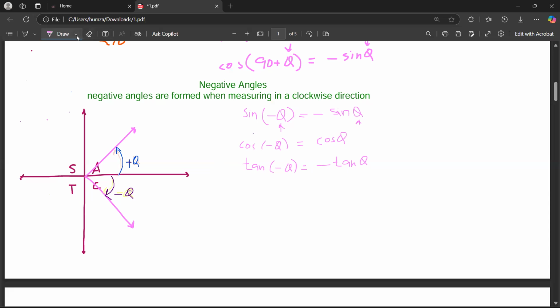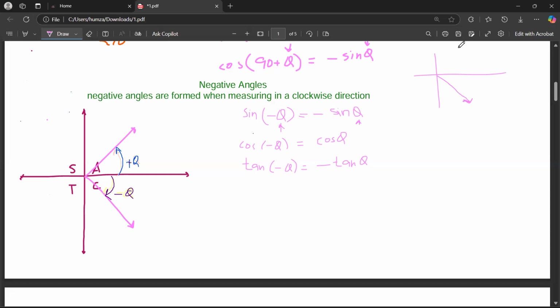So if I say sin minus theta, cos minus theta, and tan minus theta, this minus theta is telling me to look at quadrant 4. Why? Because we start to measure angles from the right hand side, and either we go clockwise or anti-clockwise.